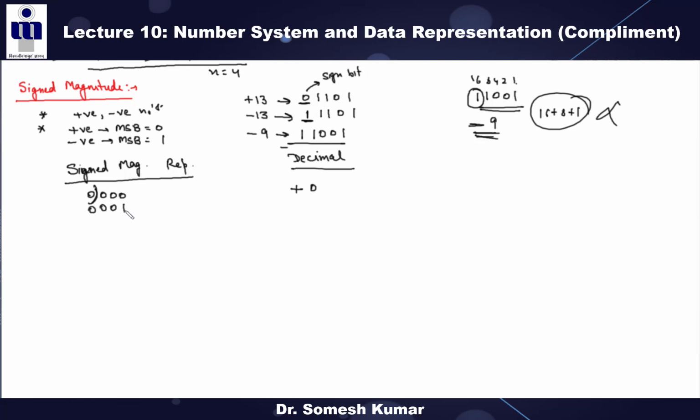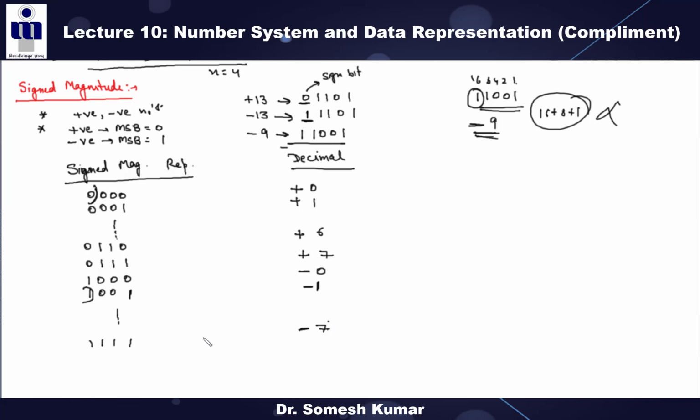Going on, the next ones are plus 1, up to plus 7. Then 1 0 0 0 is minus 0, right? 1 0 0 1, this 1 is the MSB, which means minus, and the rest is 1, so minus 1, right? We go up to 1 1 1 1, which is minus 7, right?